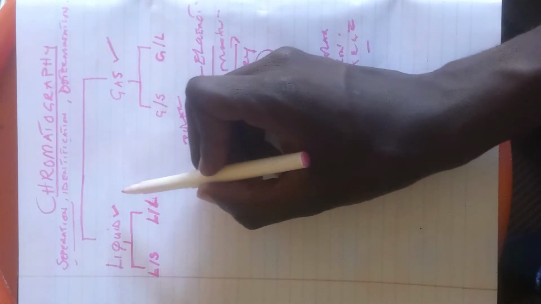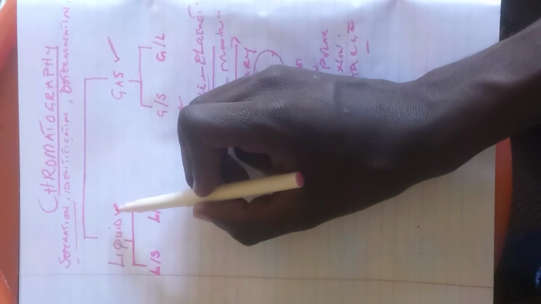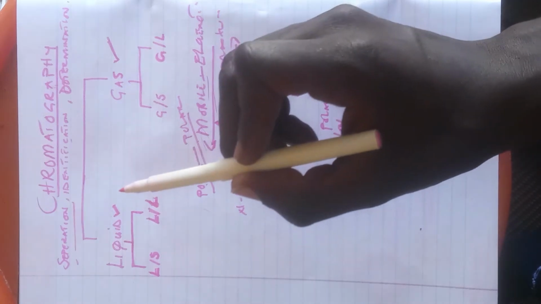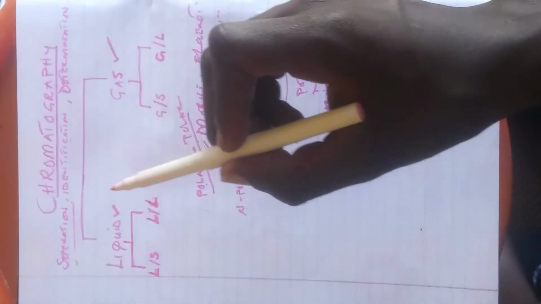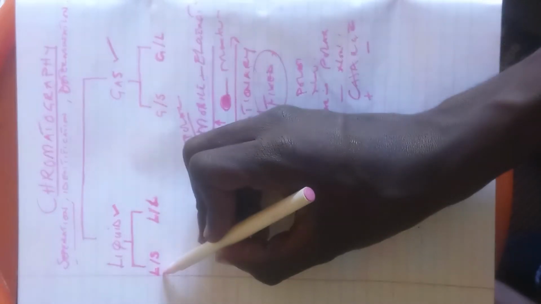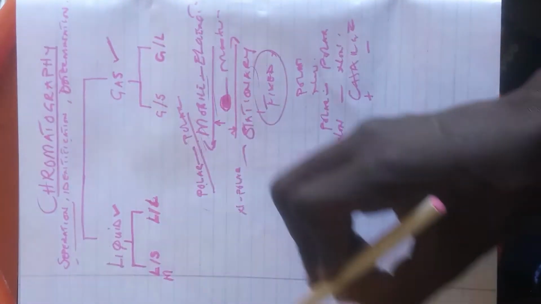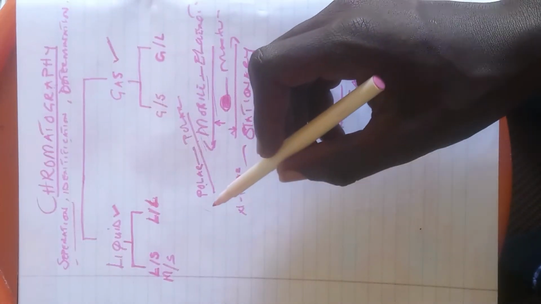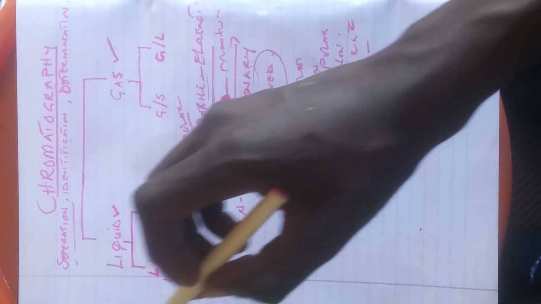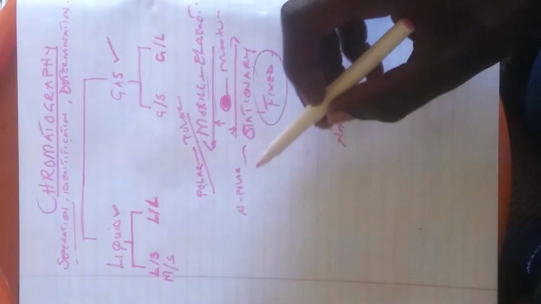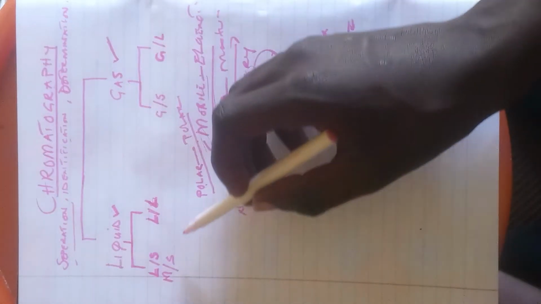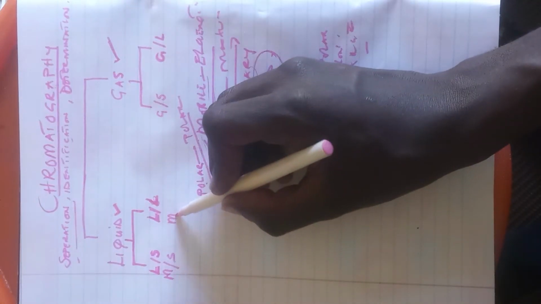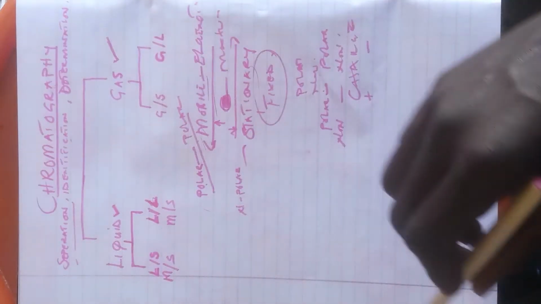Since it's liquid, the molecules to be analyzed are liquid, and they should correspond to the mobile phase. So if it's liquid chromatography, most likely it should have a mobile phase which is liquid. The mobile phase is liquid, then the stationary phase is solid, and hence it is called liquid-solid. Liquid for the mobile phase, solid stationary phase. And liquid-liquid has both mobile phase and stationary phase liquid.